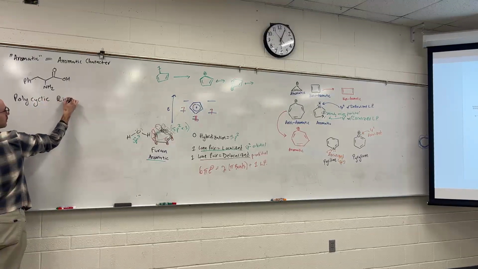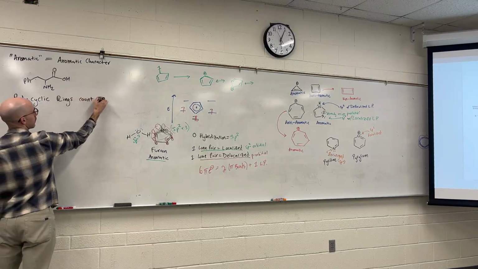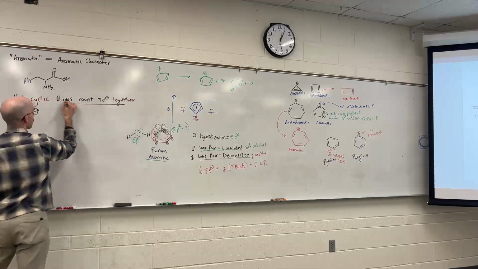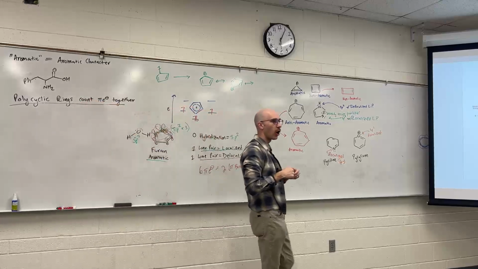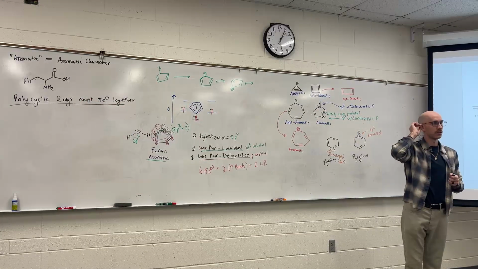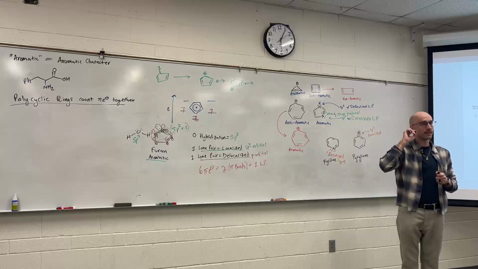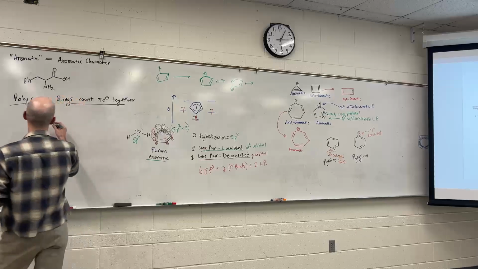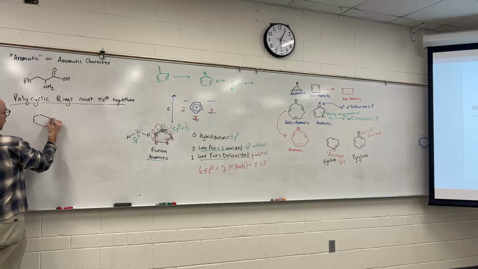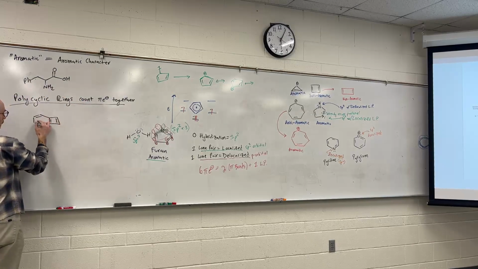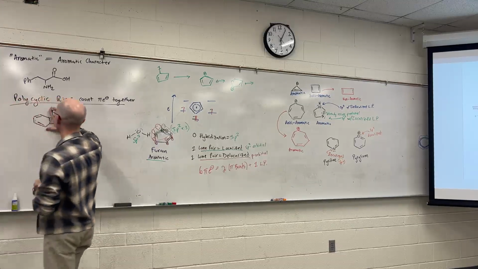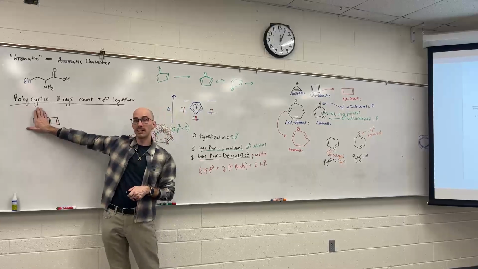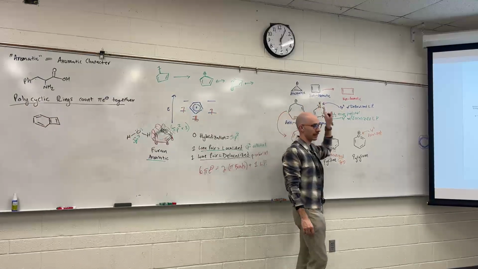Polycyclic rings contribute towards aromaticity all at once. If these rings are fused together, all of the pi electrons count. For instance, we know that benzene is aromatic, and we know that cyclobutadiene is anti-aromatic.